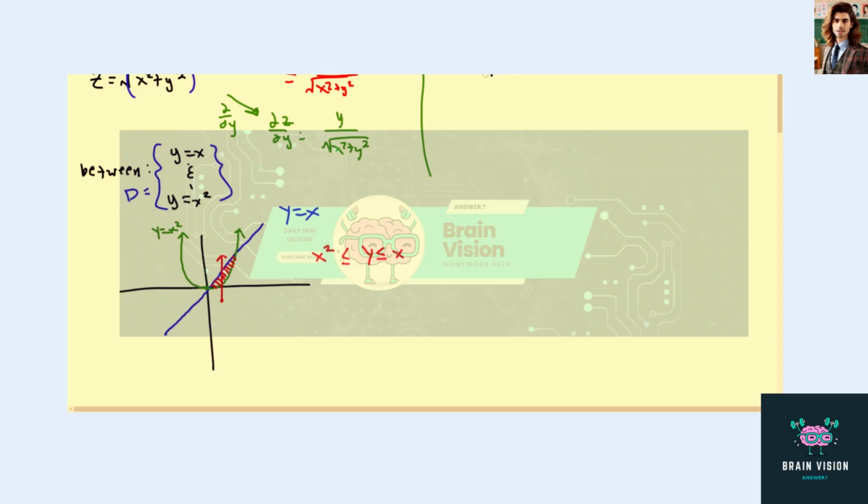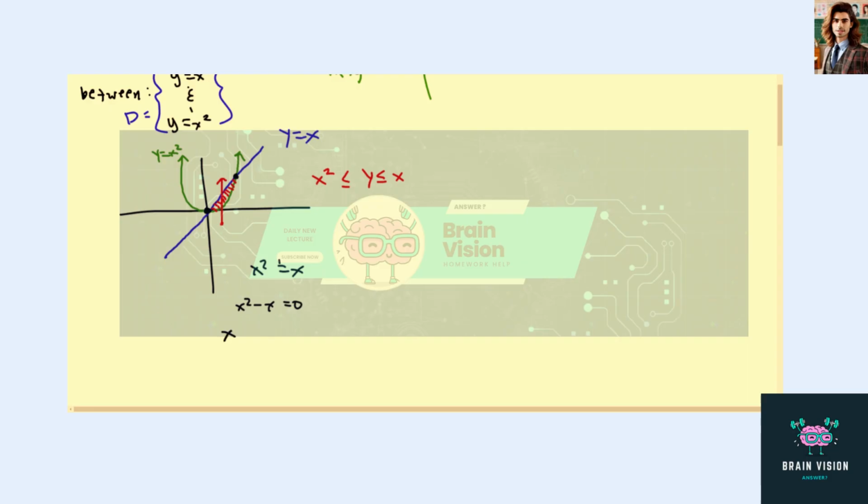Now to figure out how x varies, we need to figure out what these 2 points are. We set x equal to x squared, then subtract over, then factor. So x is equal to 0 or x is equal to 1. So our bounds for x are from 0 to 1. Now we can plug these in and finish our integral.